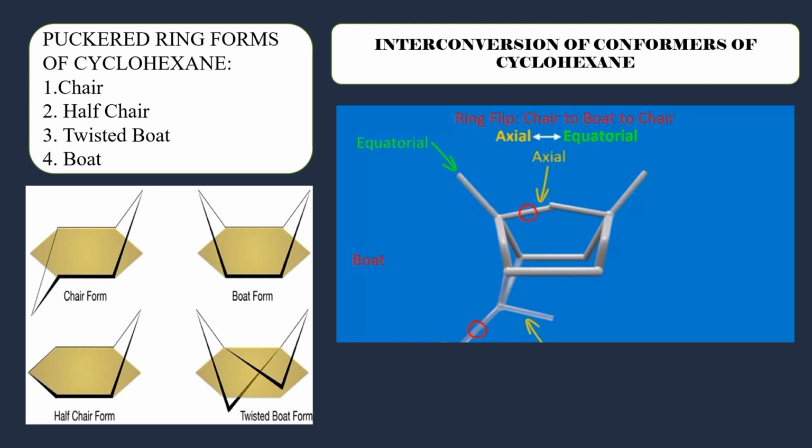Now this is the boat form of cyclohexane. It becomes half chair. When this carbon is brought down, it becomes another chair.